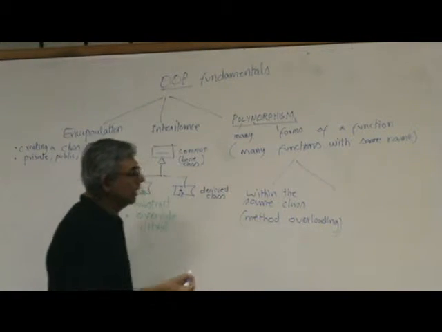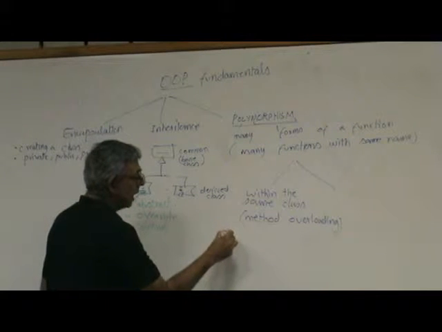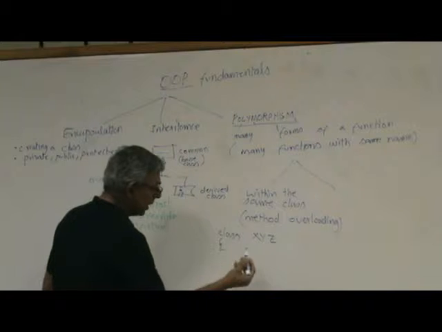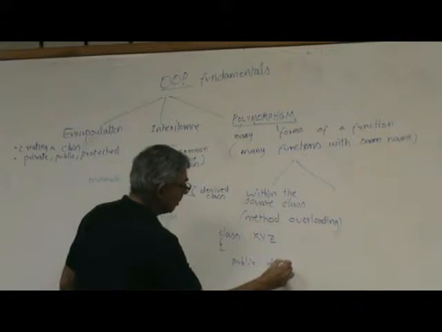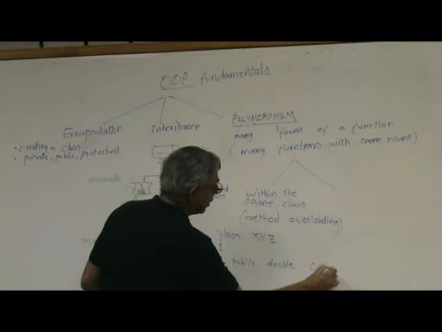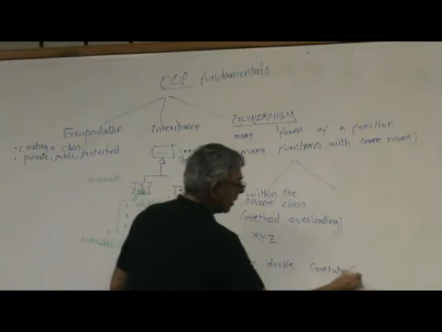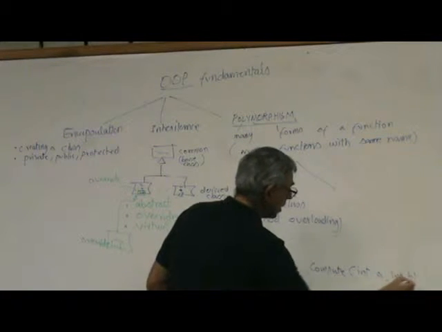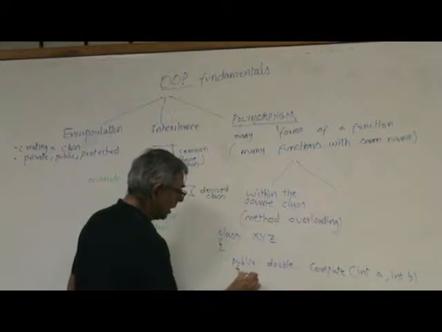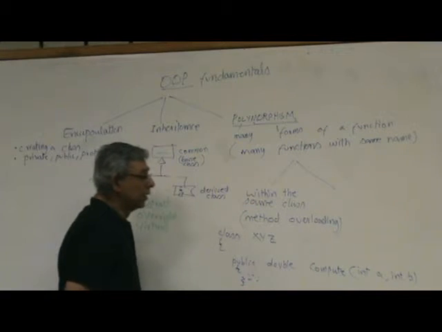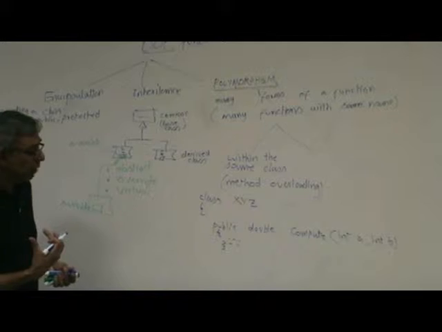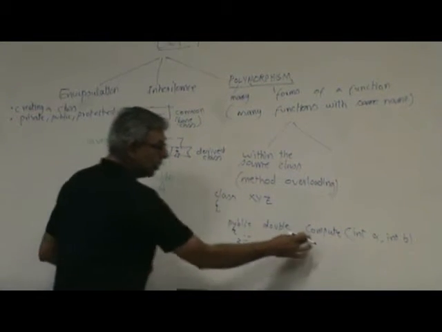Okay, so again, the idea was if you created some class, let's say XYZ, okay, suppose you created some function in it, public double compute something, int A, int B, right? And you wrote some code in it, whatever that code is. Okay, so the question is, can we write one more method over here, which is also called compute?